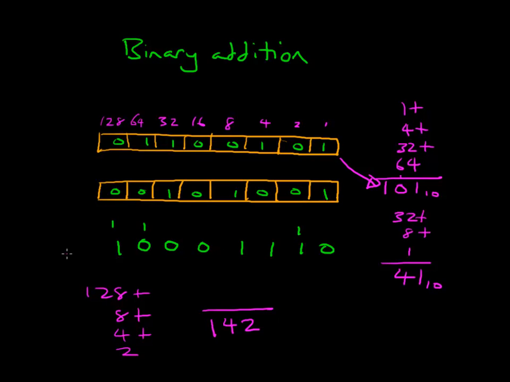The answer which this represents is therefore 142 in base 10. If we add these two numbers, 101 plus 41 is 142, and 142 matches the answer which we got in binary. So we can use two methods, and therefore we can check that our answers are correct.